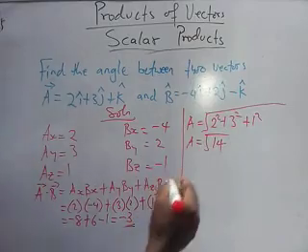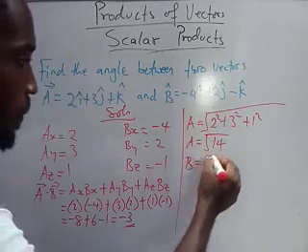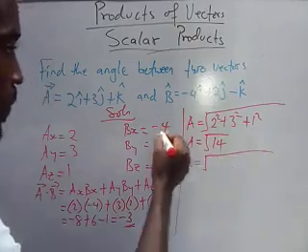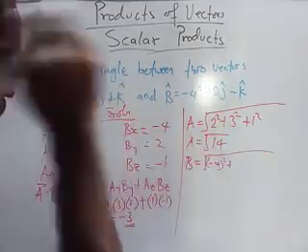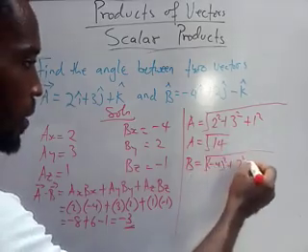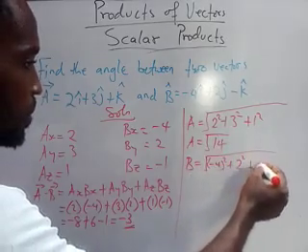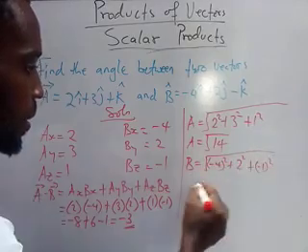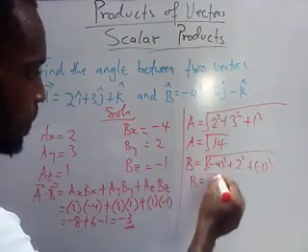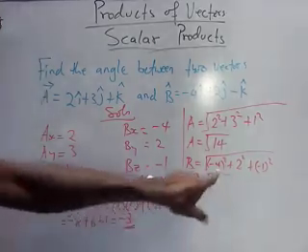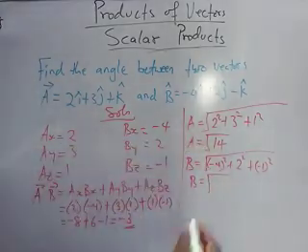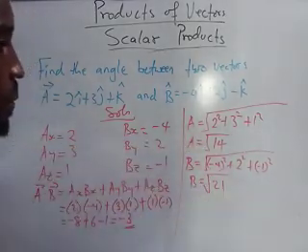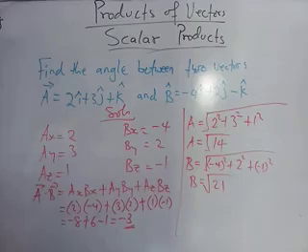Then B is the square root of minus 4 all squared, plus 2 squared, plus minus 1 squared. This is 16 plus 4, 20, plus 1, which is 21. I hope you understand this.